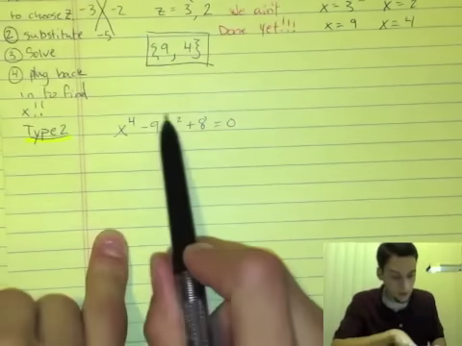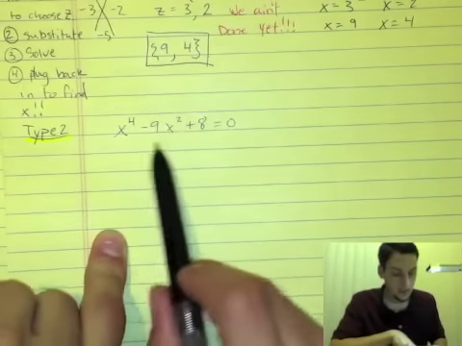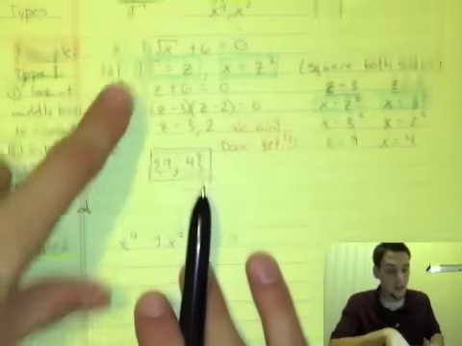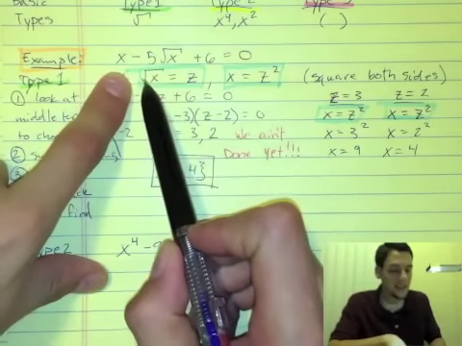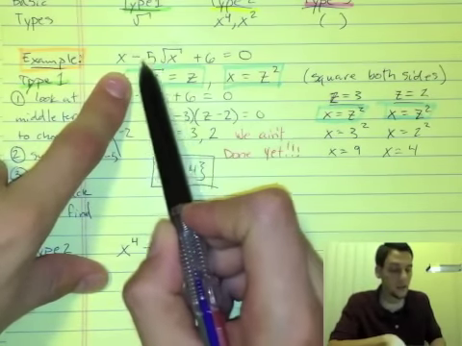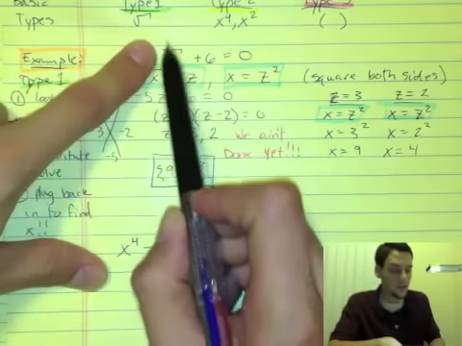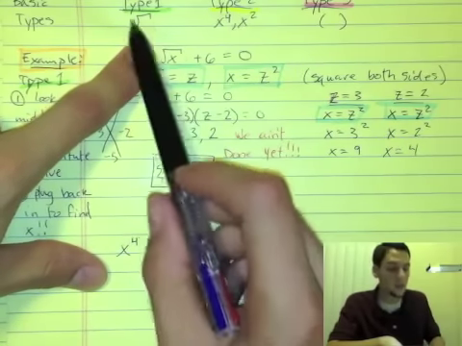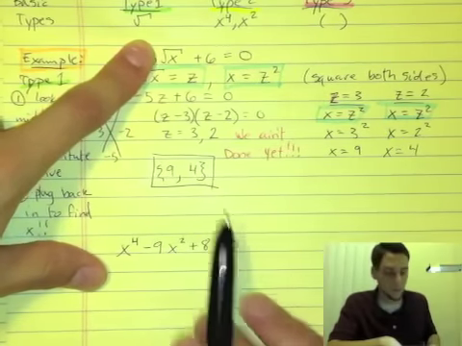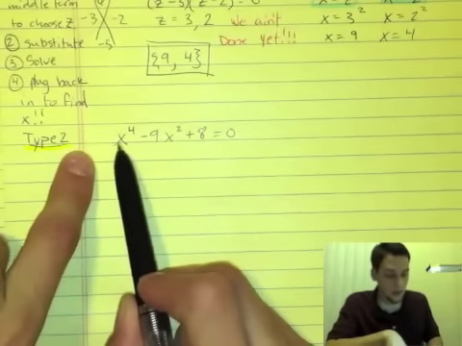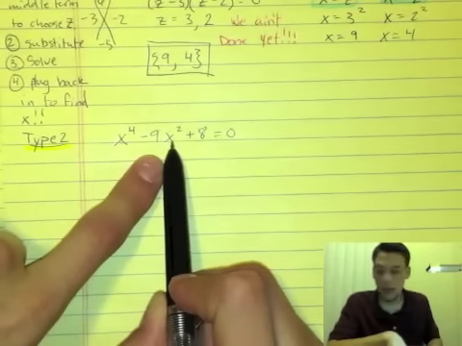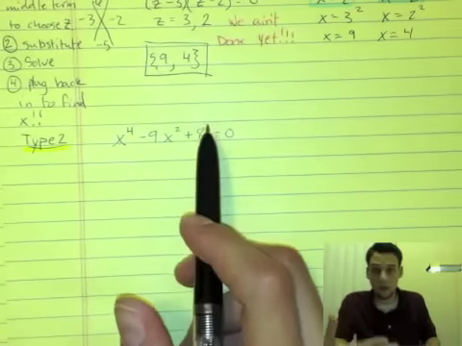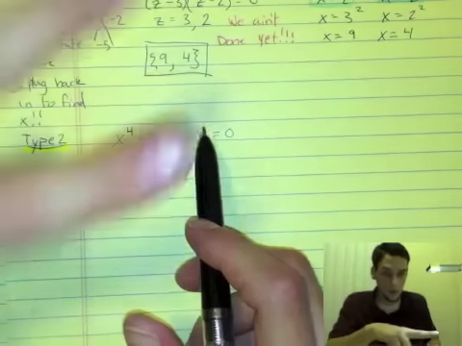So look at the middle term to choose z. Just like up here, I didn't say z will be negative 5 root x. I'm just taking what's under the square root, or what's under my types. So here, I have an x to the 4th and an x squared. So this is how I know I'm in type 2.